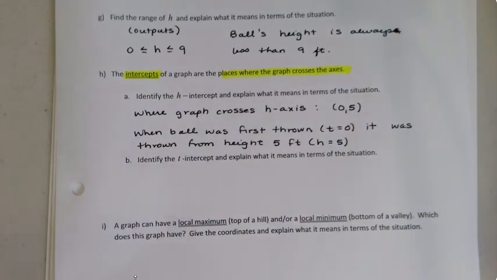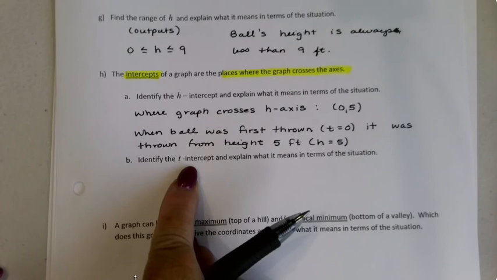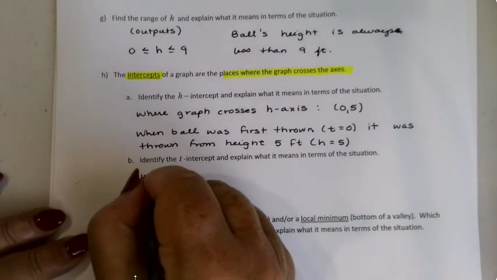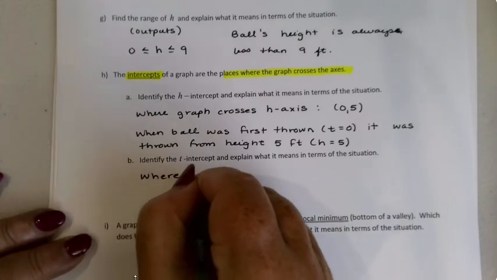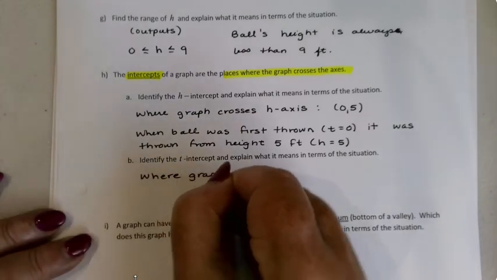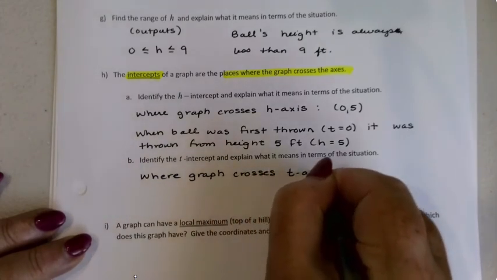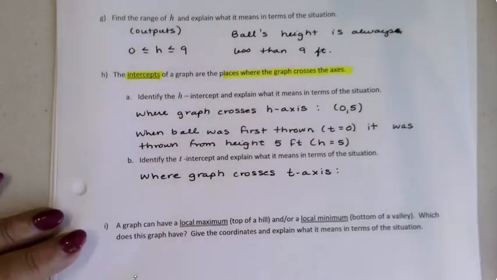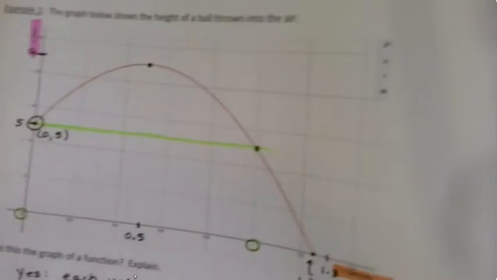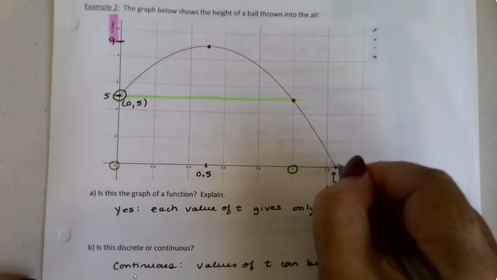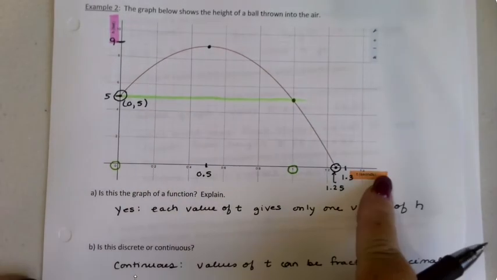All right, the other intercept, our t-intercept, or where the graph crosses the t-axis. Let's look back at the graph again. And that's right there, right? The t-axis.